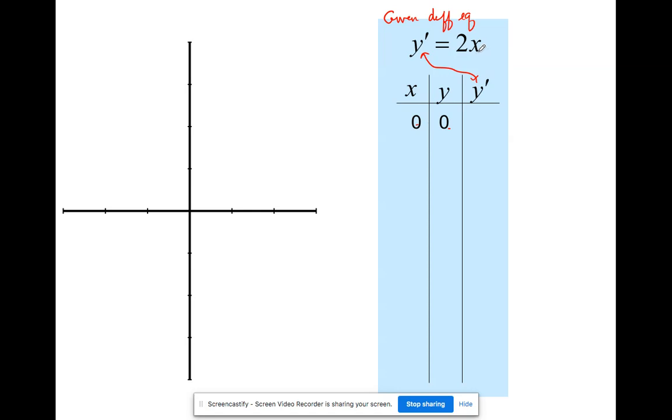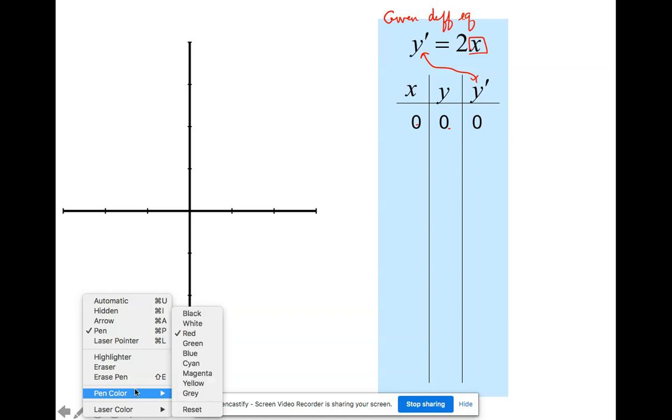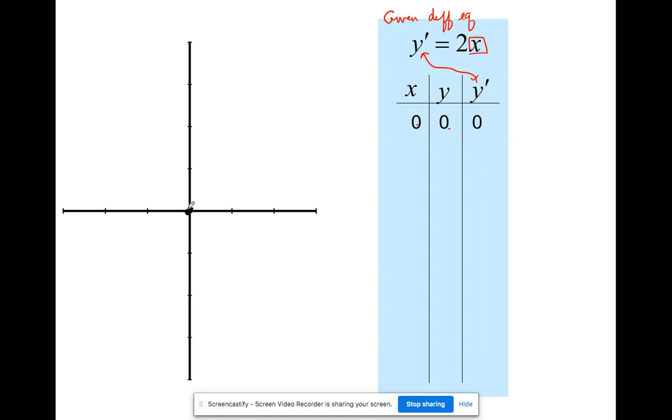In this differential equation, the slope only depends upon x. So 2 times 0 is 0. And what I want you to do on this grid is at the point 0, 0, I'm going to draw a point, but that's not the slope field.